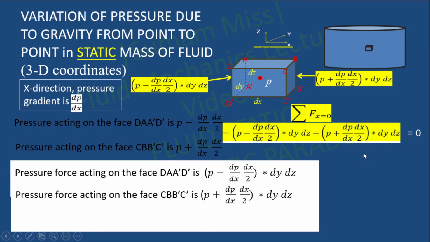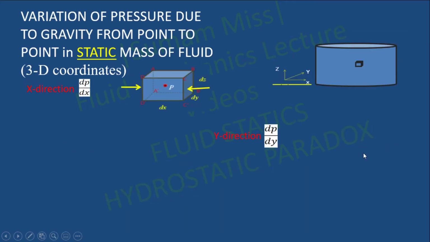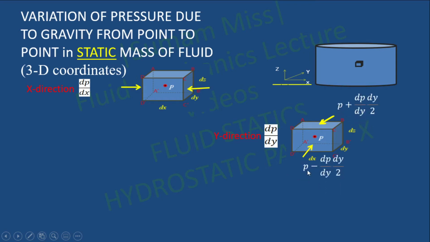Now consider y direction. In y direction, dP by dy is the pressure gradient, the intensity of the pressure acting in the y direction on the faces D, C, C dash, D dash and A, B, B dash, A dash. So the pressure acting on these faces is P minus dP by dy into dy by 2, and the pressure acting on A, B, B dash, A dash is P plus dP by dy into dy by 2.